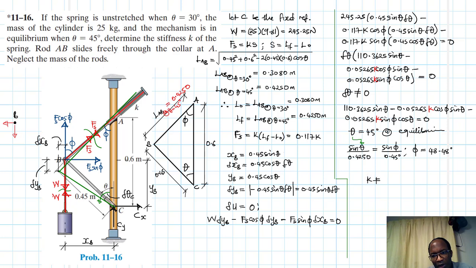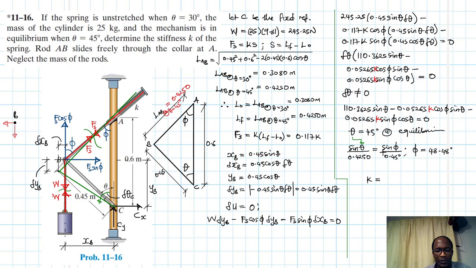let's do the calculations: 110.3625 sine 45 divided by 0.05265 cos 48.48 sine 45 plus 0.05265 sine 48.48 cos 45.